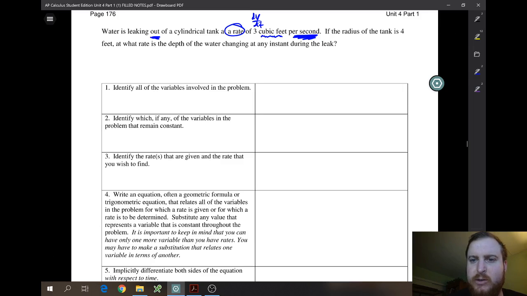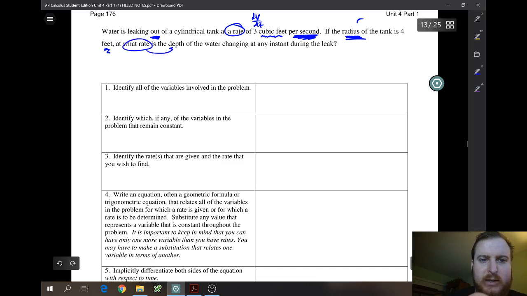If the radius, and just feet, there's no per time, so this is just r, is 4, at what rate, so they want to know at what rate is the depth of the water changing. Now depth, we could call it depth, but really if we draw a picture, it's going to be the dH/dt, the height. All right, so if we draw a cylinder, we're going to have some water here.